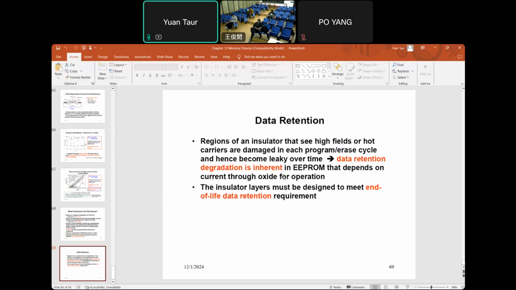But as you program and erase, the data retention time will decrease, so there's a certain design spec for the E-square PROM as far as data retention time is concerned. The minimum may be 10 years with a certain number of cycles.